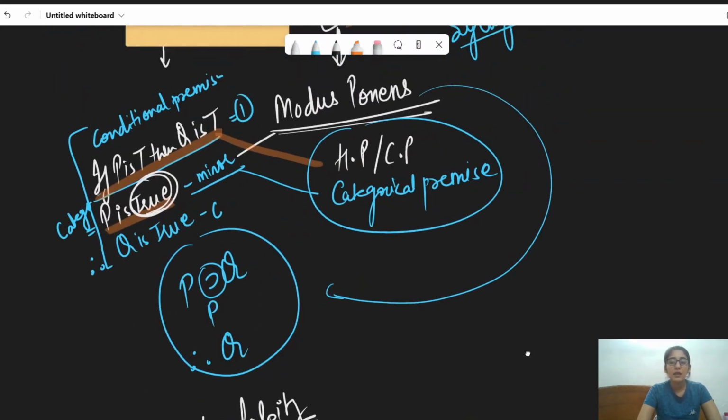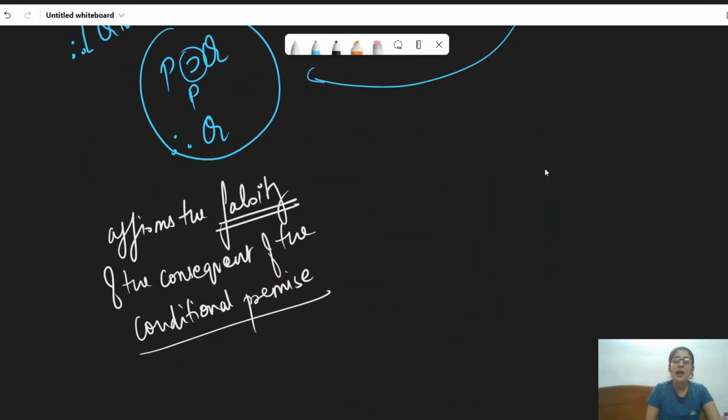Here, this is the first premise: if P is true, then Q is true. This is a conditional premise. The second premise, the minor premise here, is a categorical proposition affirming that P is true. But here we're going to take the example of what happens if the falsity of the consequent of the conditional premise happens.